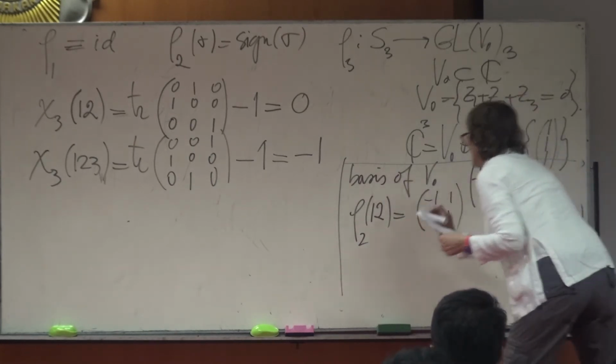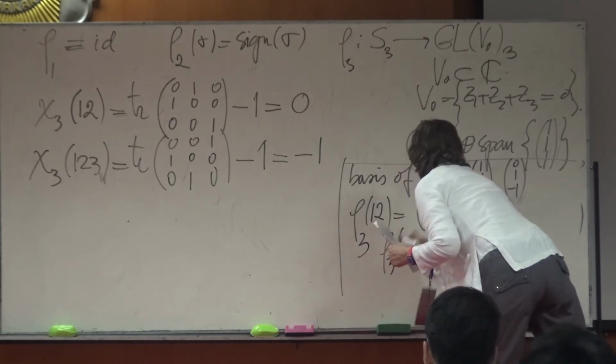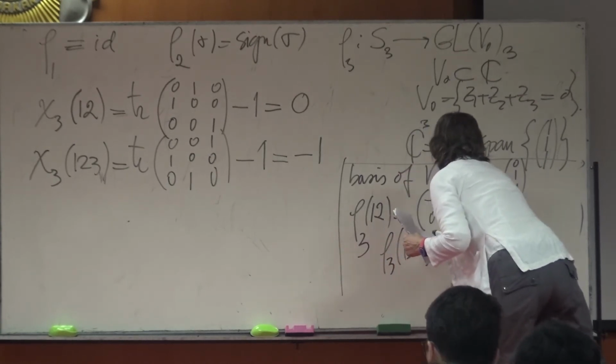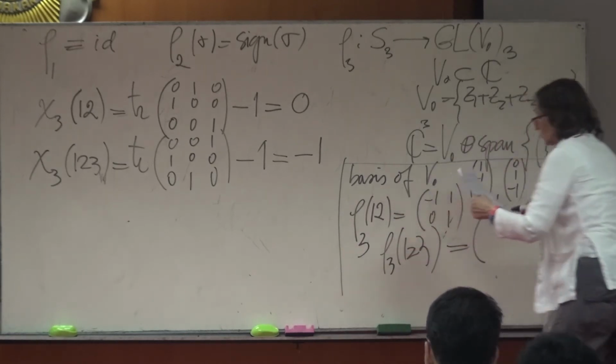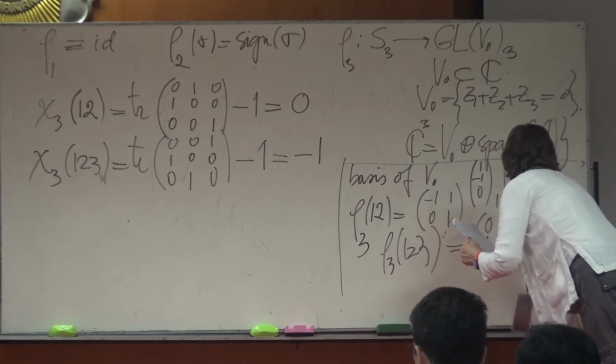And the matrix of row 3 of (1 2 3) would be a 2 by 2 matrix, (0, -1; 1, -1).